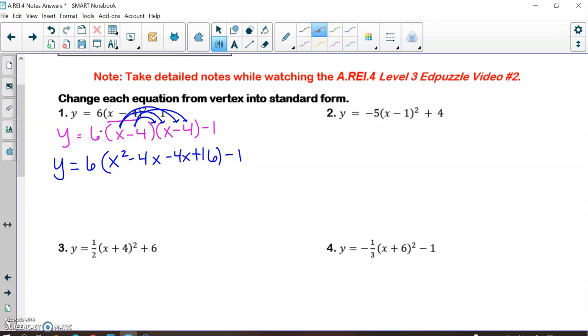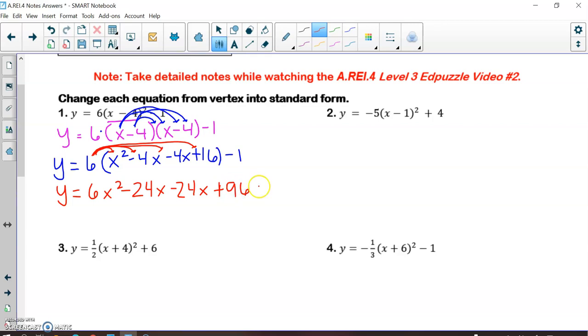And now I'm going to use the distributive property to distribute the 6 into the parentheses. So I have a 6x squared minus a 24x minus another 24x plus a 96.